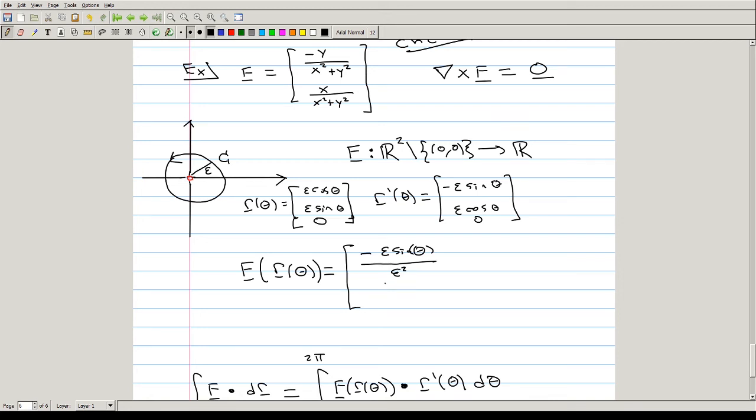You'll have epsilon sine theta, and positive epsilon cosine theta, that's the x coordinate, over epsilon squared, and then 0 is the third component.